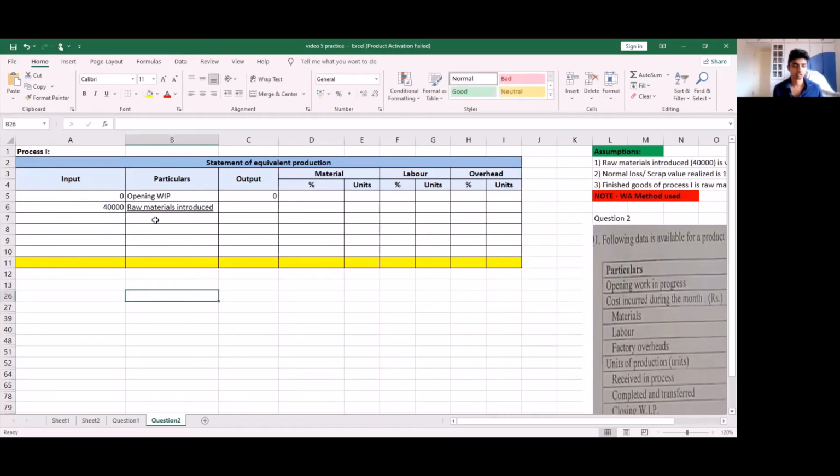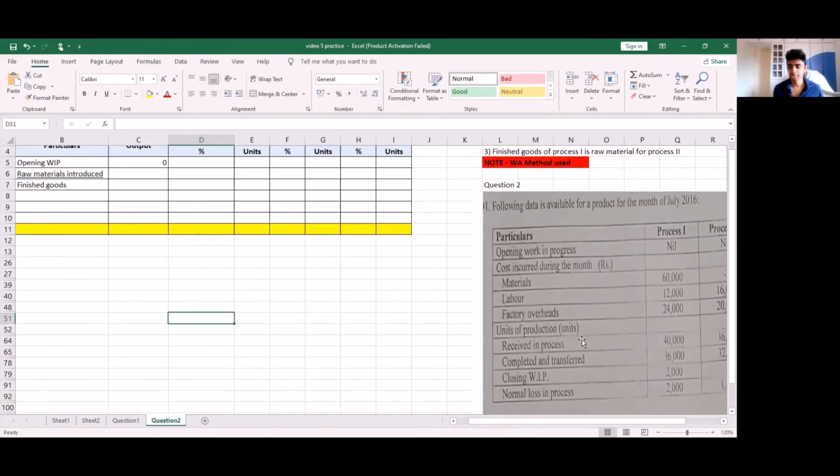Then coming to our finished goods. For finished goods, we will take the amount of units given in completed and transferred. So completed units is our finished units and it is transferred to the next process. The units given to us is 36,000 for process 1.